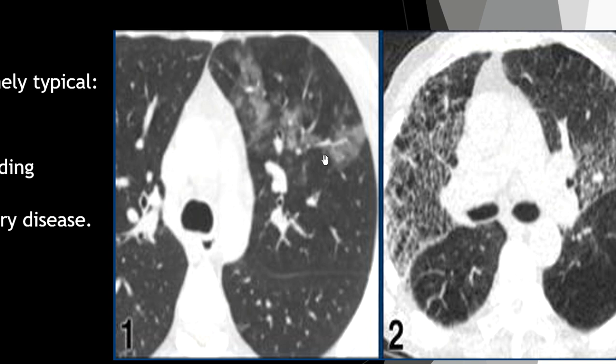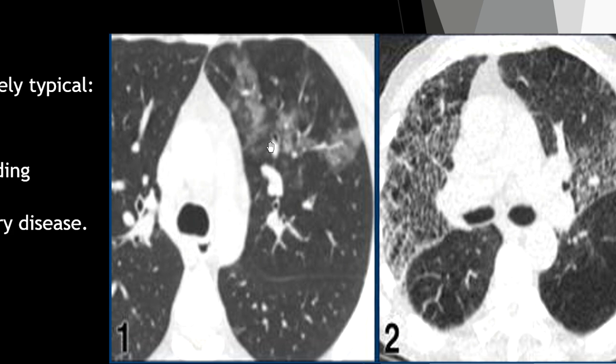So here you can see the vessels through the part of the ground glass opacities. And consolidation will be whiter than another part of the lung.